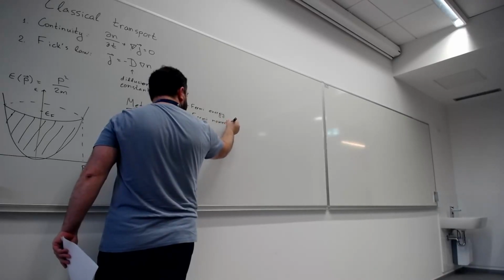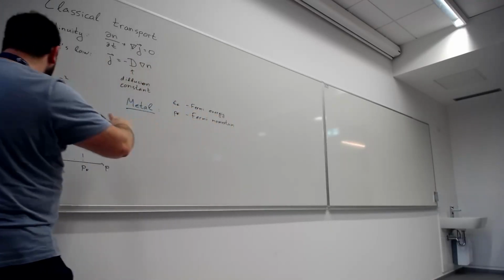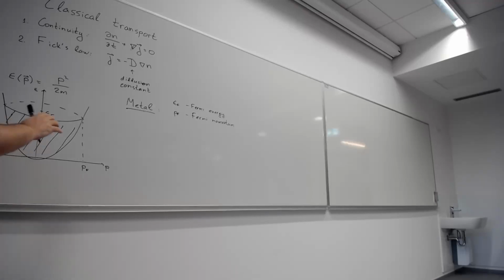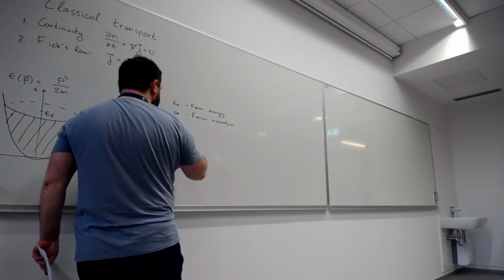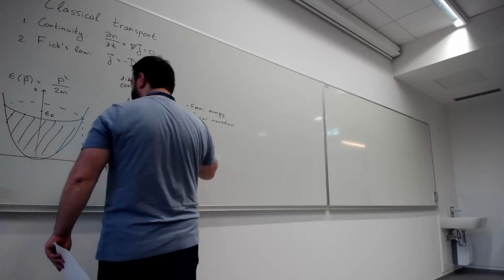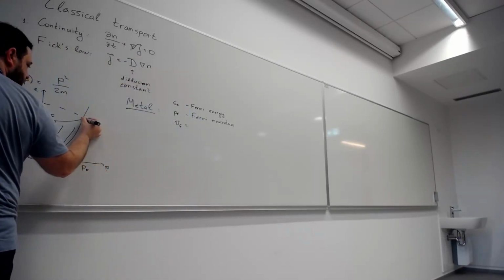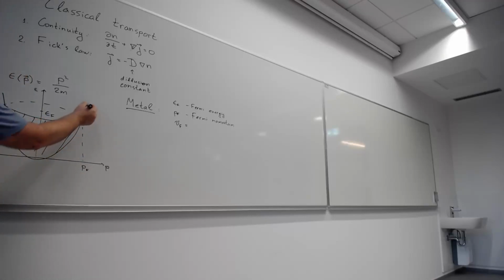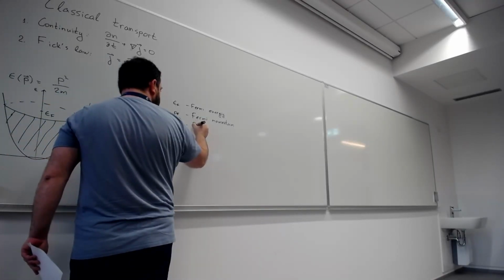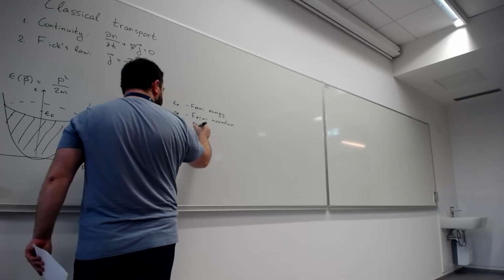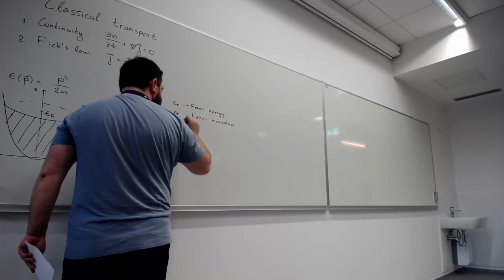And we can also define what is called the Fermi velocity, which is the velocity of the electrons at the Fermi surface. Velocity is the derivative dE by dp. In this case, it is just Fermi momentum divided by mass.